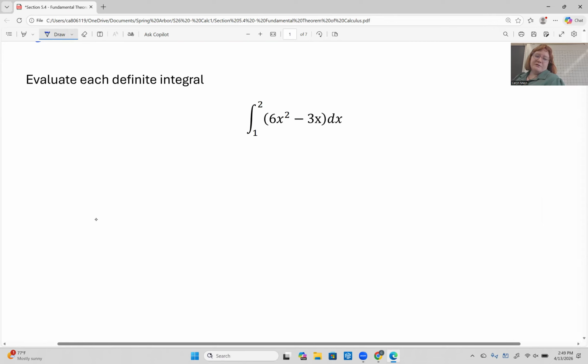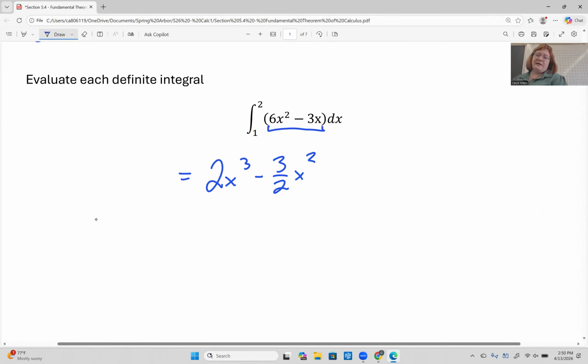So first, we'd want to find what is the antiderivative of 6x squared minus 3x. Two x cubed minus three over 2 x squared.